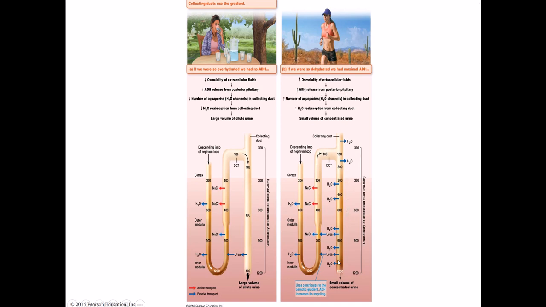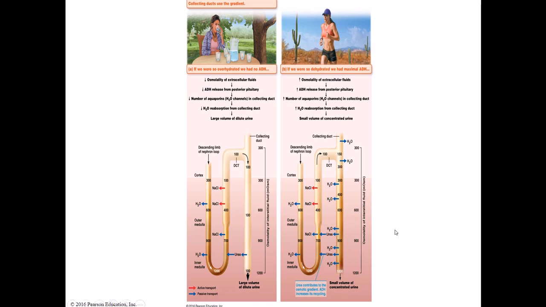That increases the number of aquaporins in the collecting ducts, and thanks to the very salty interstitial fluid, as the filtrate flows through the collecting ducts, water is reabsorbed. It goes from the area of lower concentration to the area of higher concentration, and you end up with a very small volume of urine that is much more highly concentrated, so more dark yellow.